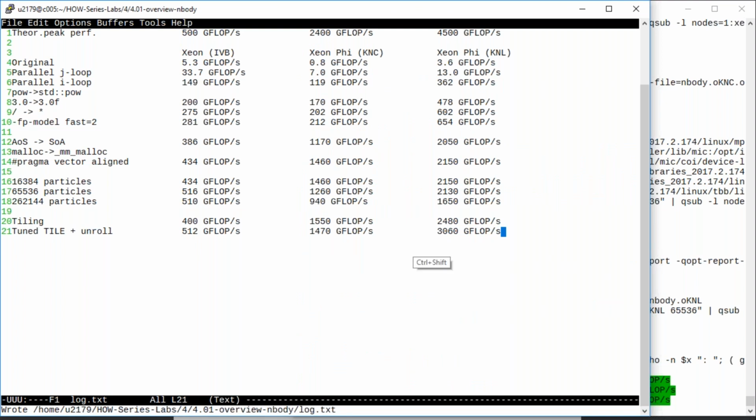This actually is just the effect of unrolling. And this is the effect of tile tuning. These are probably just fluctuations.